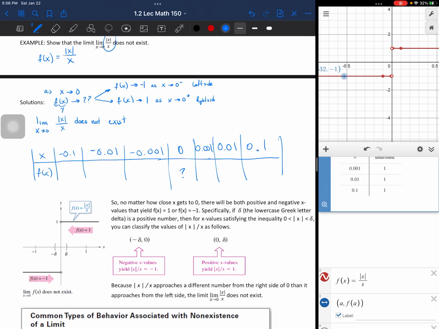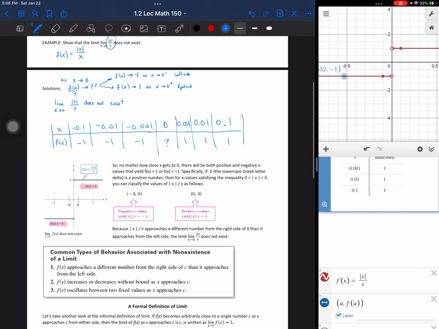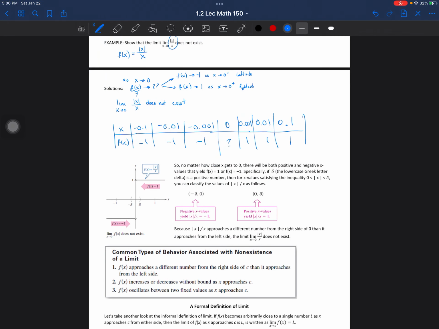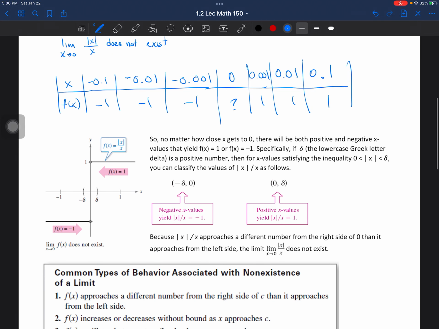And then here, this was -1, -1, -1, 1, 1, 1. This is what you will show me. So you show me that the limit does not exist. That's pretty much it.